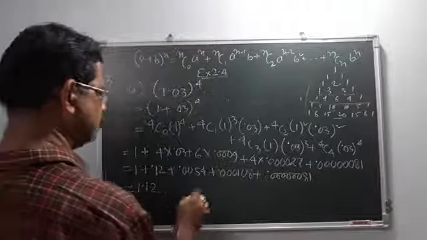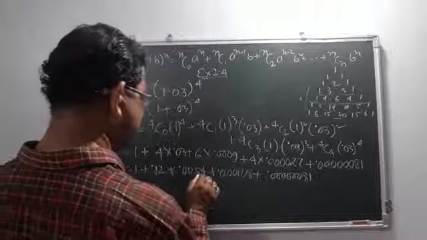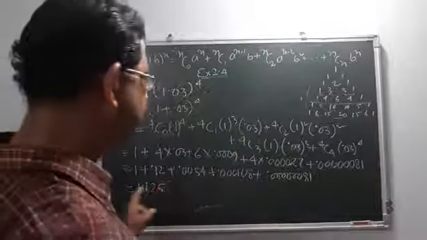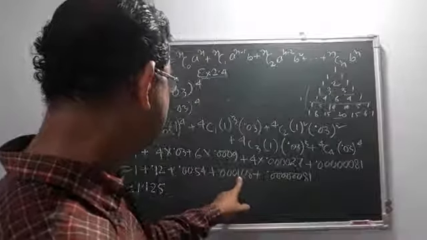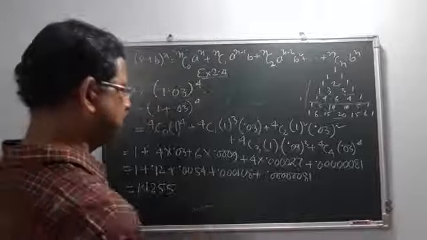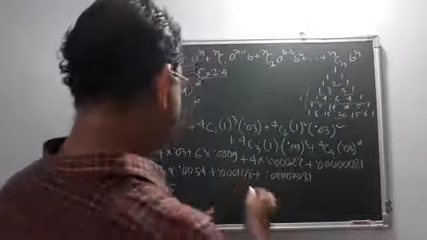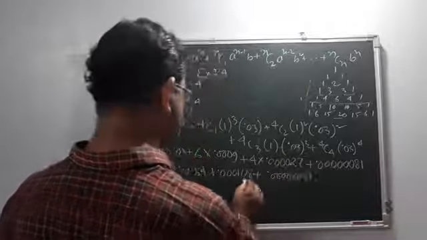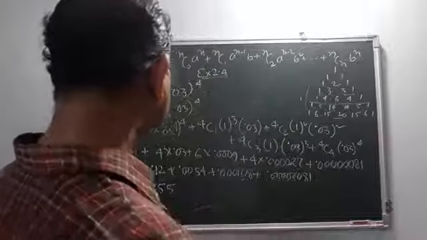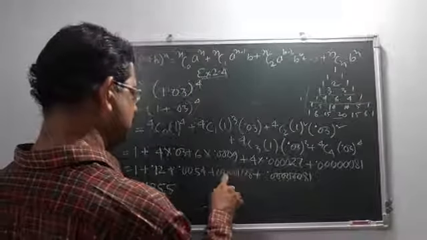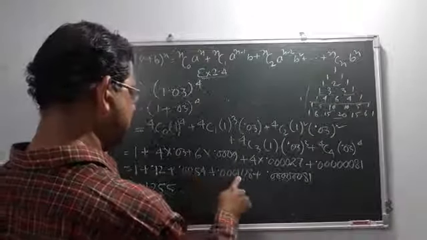1.12, then you see it is from the third digit, so no other term in the third digit. 4 will add with this one, 4 plus 1, 5. Then 0, it is our fifth digit, 1, 2, 3, 4, 5. So the 4 will come here.